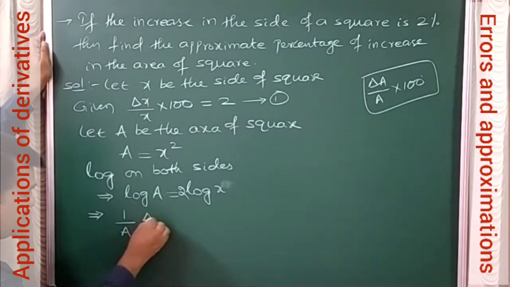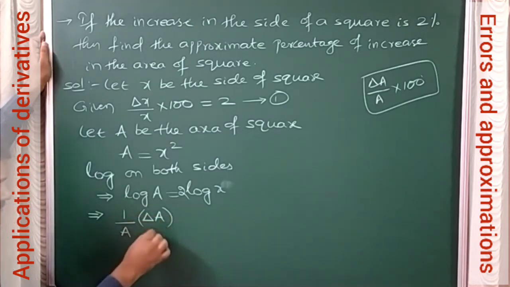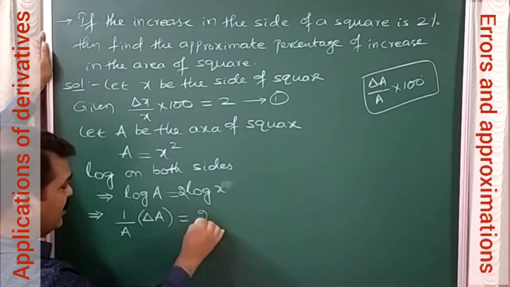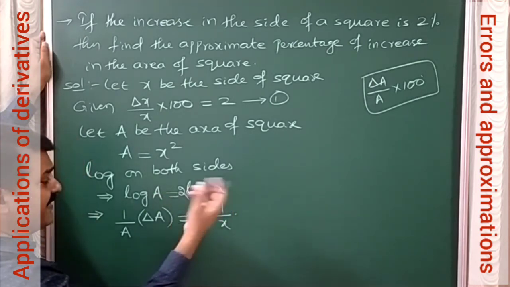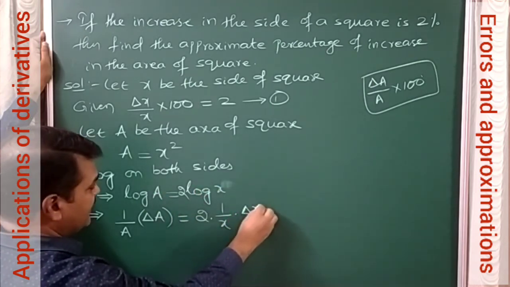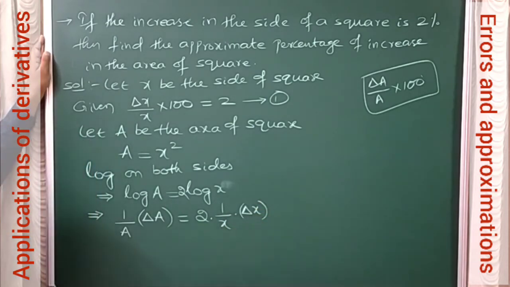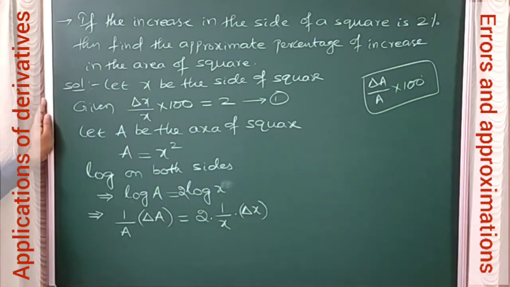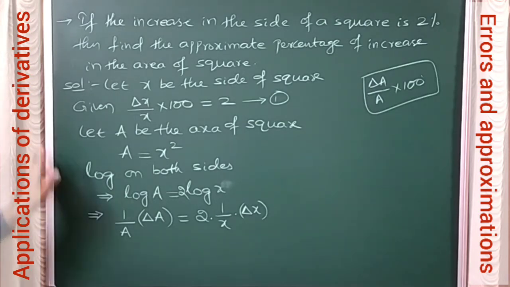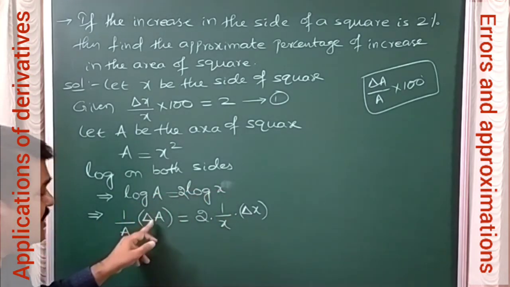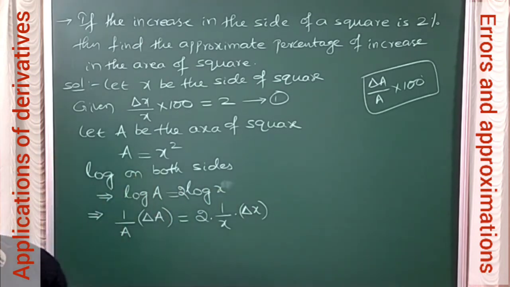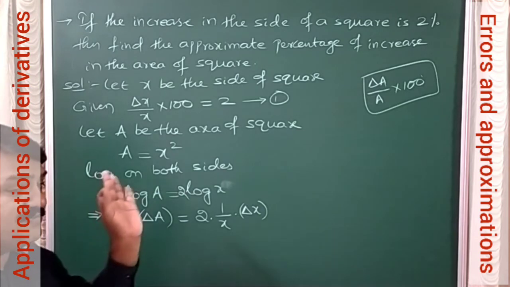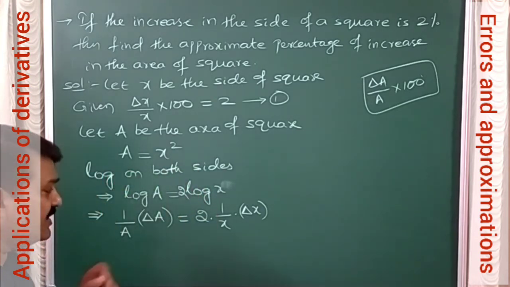Here I will write that as delta A. Now 2 into log x derivative is 1 by x, into derivative of x, I will write as delta x. So this is actually the differentiating. I am using the delta representation here, not the differentiation symbol like dy by dx and all those things.